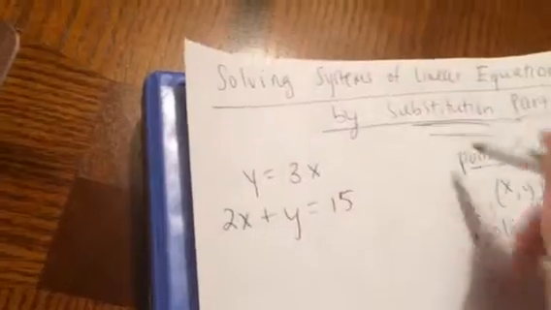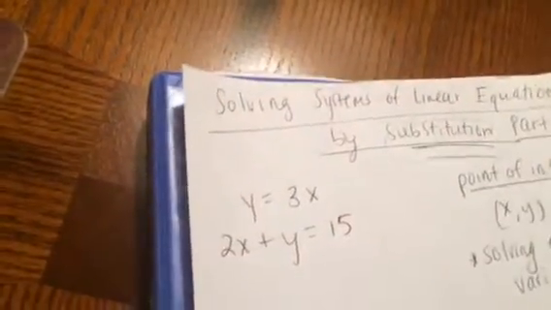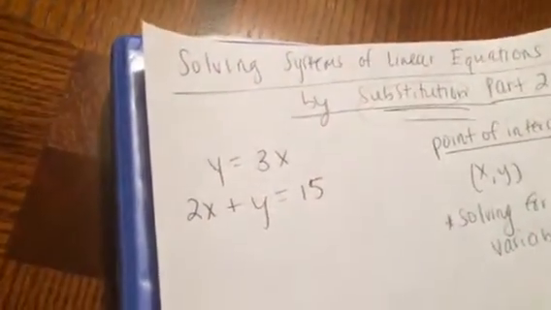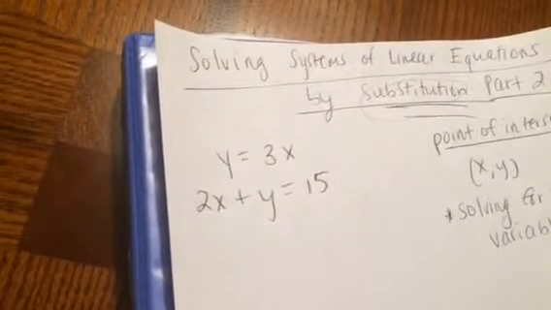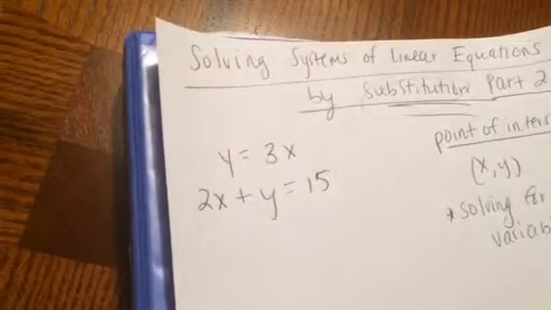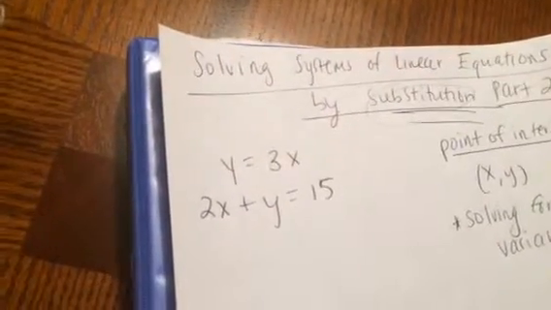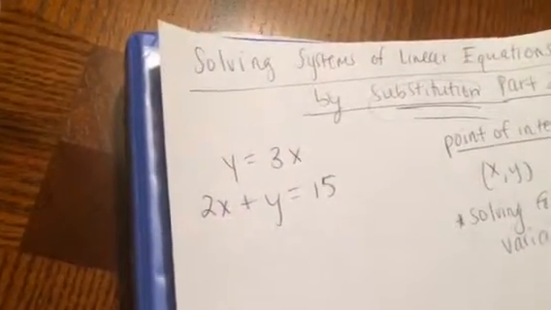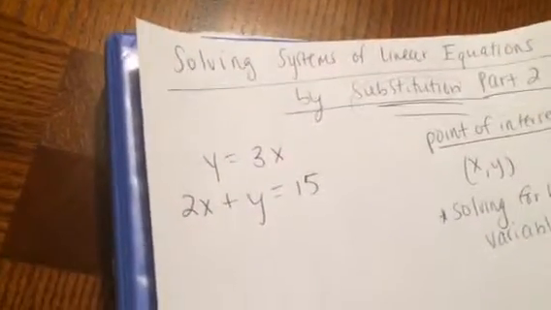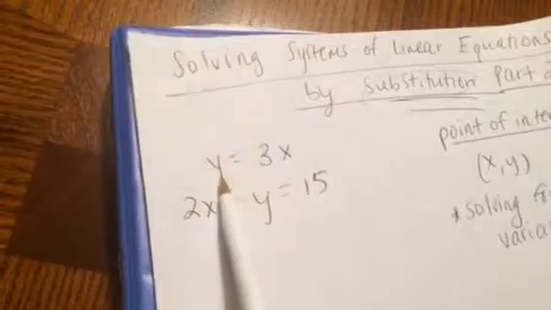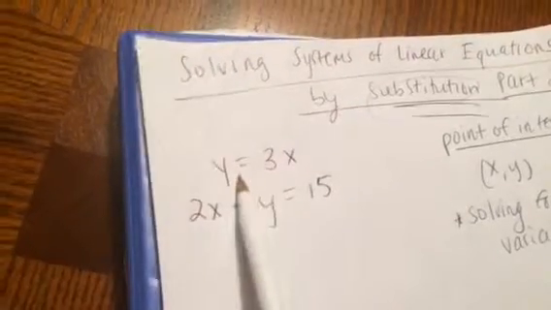And we're using substitution. Okay, so what you want to do is solve for one variable and plug the value for that variable into the other equation. Okay, let me explain. This top equation already has y solved for.